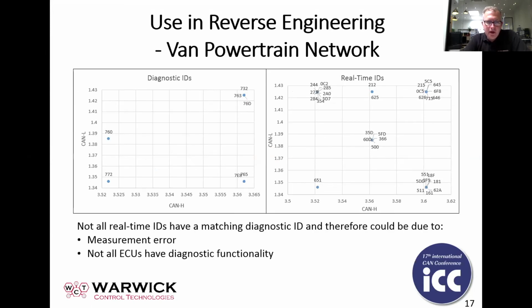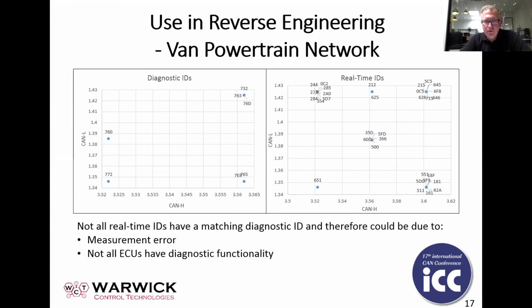There's another interesting one from a van powertrain network. So just like the delivery van, you can see there are fewer clusters of information for the diagnostics compared to the clusters on the real-time network.